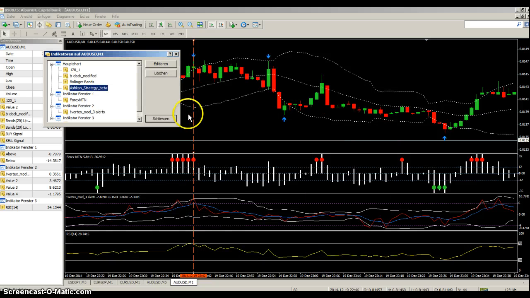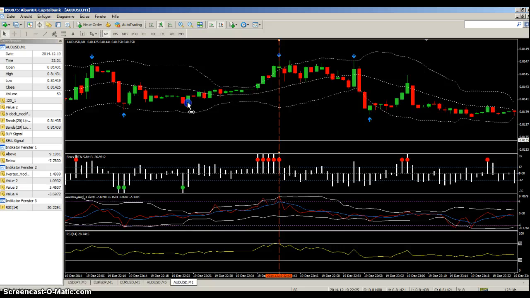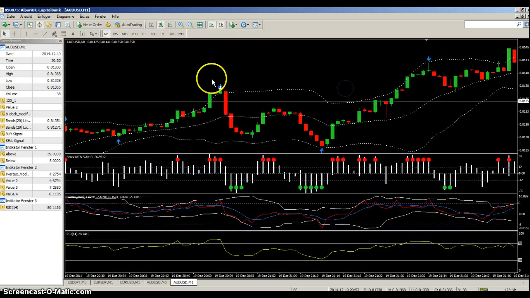Let's see if we have some signals on the charts. So here we have our first signal. Why do we have this signal? Because you can see that price is above 70, Forex MTM is a red dot, price is outside the Bollinger Band, and the red line broke the +6 level.